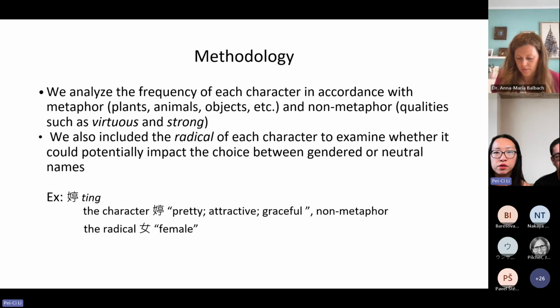We examine the character frequency in relation to metaphoric usage, such as plants, animals, and objects, and non-metaphorical attributes, such as beautiful, strong, or quiet qualities. Additionally, we incorporated the character's radical to assess its potential influence on the selection of gender-specific or neutral names.